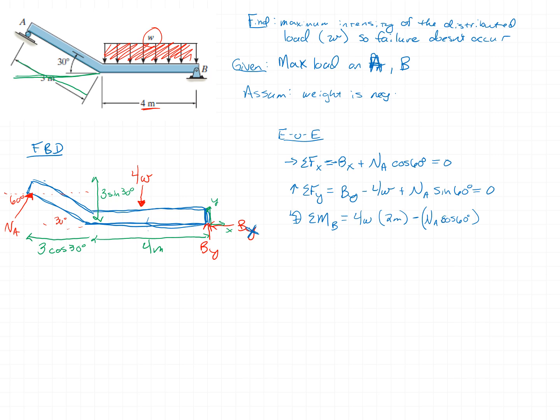I was starting with the y component. So the y component, sine of 60, its moment arm is this distance here, 3 sine of 30 degrees. And then I have my x component, NA, no, I was right the first time.